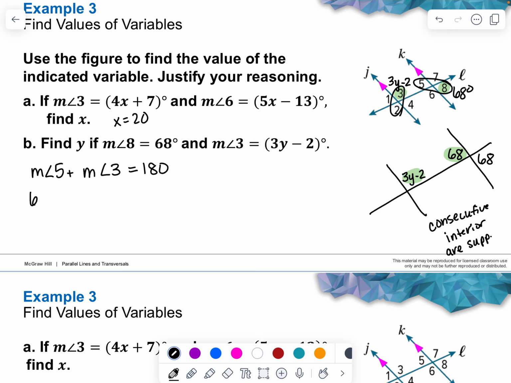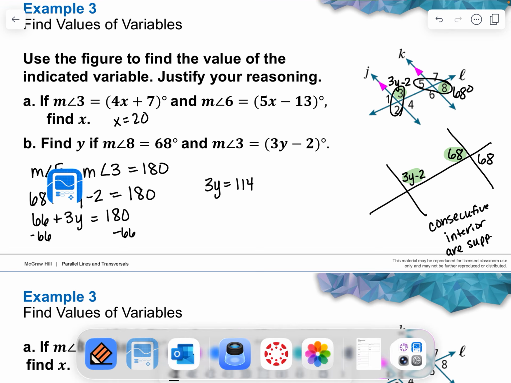So I'm going to add those together. 68 plus 3y minus 2 equals 180. And I simplify on this side, so I get 66 plus 3y equals 180. Then I'm going to subtract my 66. And I get 3y equals 114.